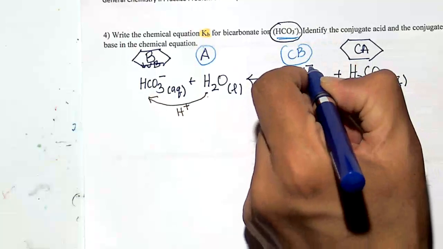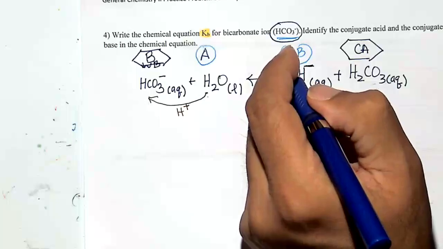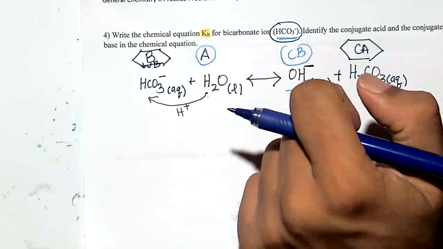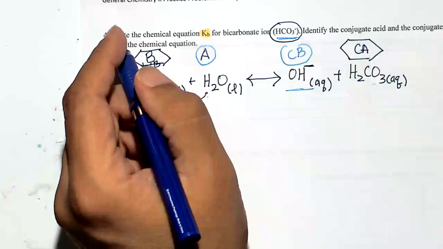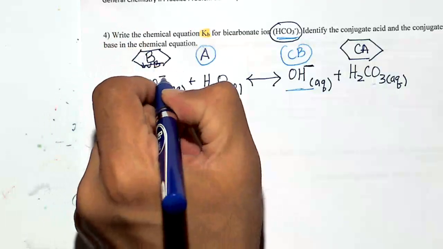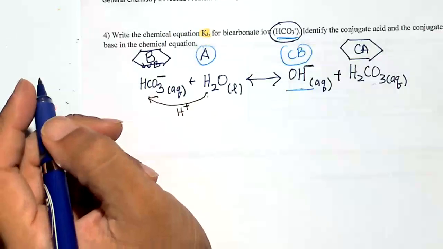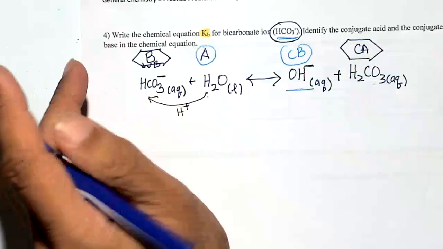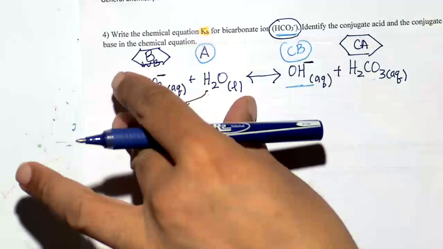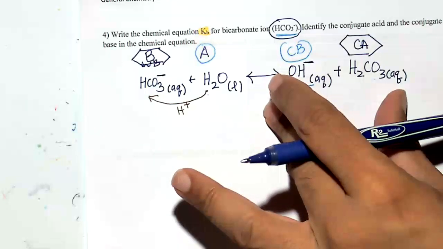What's the total charge on the product side? -1. What's the total charge on the reactant side? -1 as well. So is this balanced in charge? Yes, -1 on the reactant side and -1 on the product side.